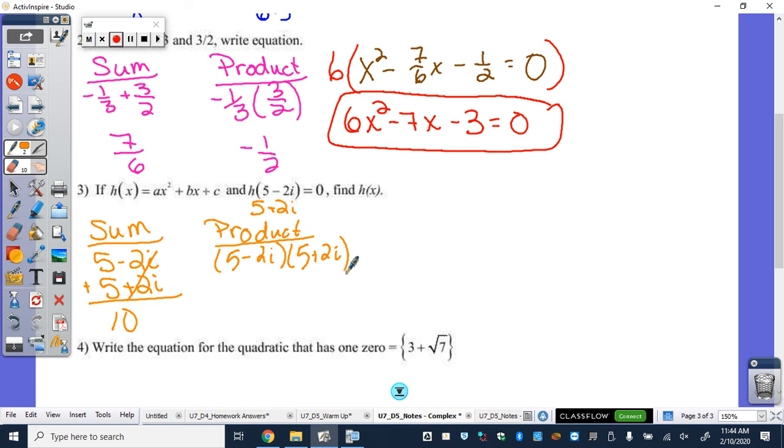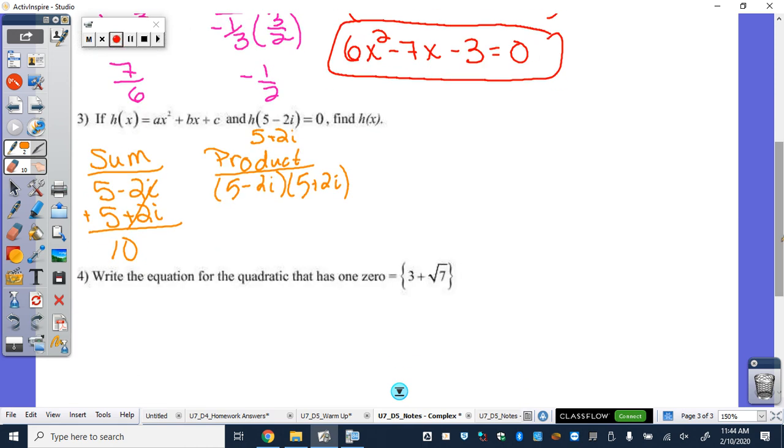The nice thing about conjugate pairs is you only have to multiply the firsts and the lasts. So 5 times 5, negative 2i times positive 2i would be negative 4i squared. What is negative 4i squared simplified to? Positive 4. So 25 plus 4 gives us a product of 29. So our equation would be x squared minus 10x plus 29.